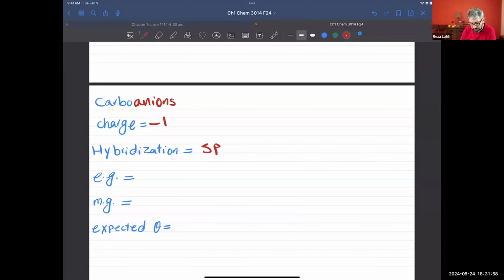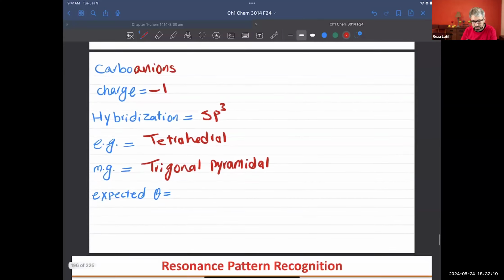Hybridization will be sp3. How about the electron geometry? I expect the electron geometry to be tetrahedral, but the molecular geometry is always going to be trigonal pyramidal. And how about theta? From 109.5, you go down by 2 degrees. Why?